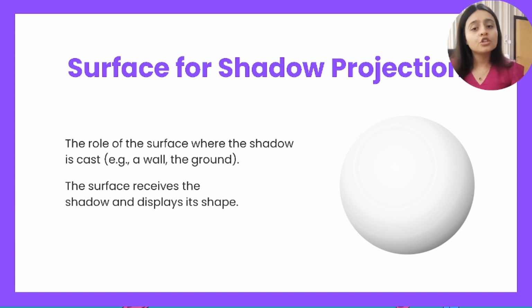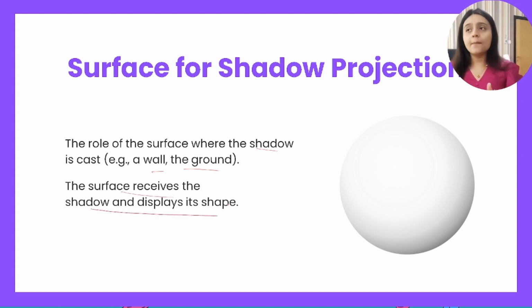Okay, so if the shadow is going to form, you are going to see the shadow only if there is a surface which is going to cast that shadow. As I already told, that surface can be a road or can be a wall. So the role of the surface where the shadow is cast, the wall or the ground, is that the surface receives the shadow and displays its shape.